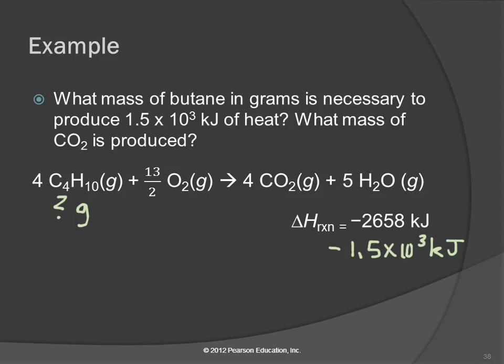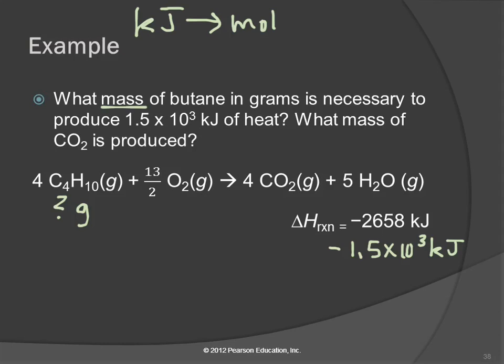So there's the energy. So here, we're starting with kilojoules. And we can convert kilojoules to moles because we know that this amount of kilojoules is formed when 4 moles of butane react. So we can convert from kilojoules to moles.